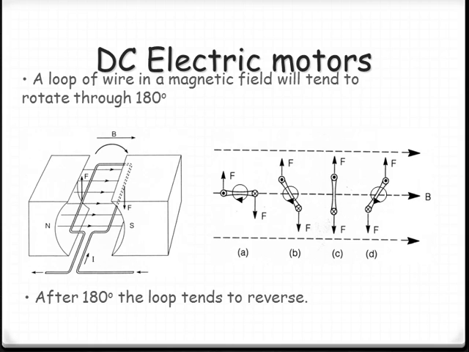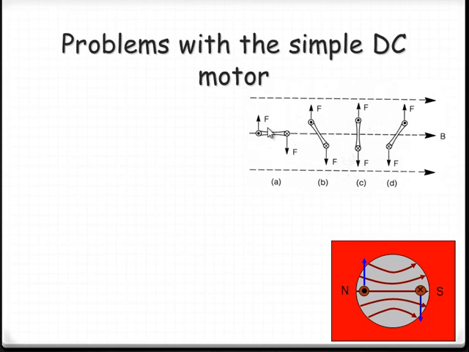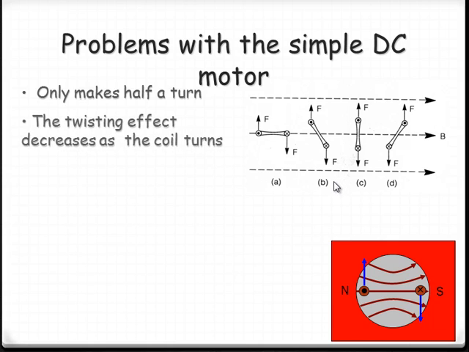So this highlights some problems with the basic DC motor. We've got this part rotation, so it's only going to make a half turn, which isn't very useful for us. And the twisting effect decreases as the coil turns. We're going to have less force here because it's on an angle than it does down here.